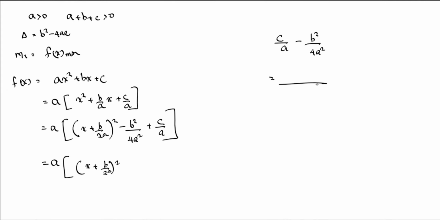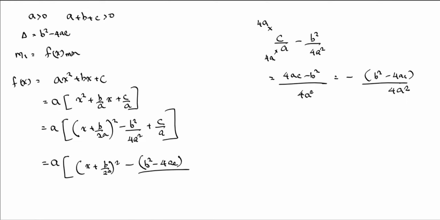The common denominator is 4a squared, so you multiply this by 4a: 4ac minus b squared. Take the minus out: b squared minus 4ac over 4a squared. So instead of this, you can write minus b squared minus 4ac over 4a squared, not 2a, 4a squared.